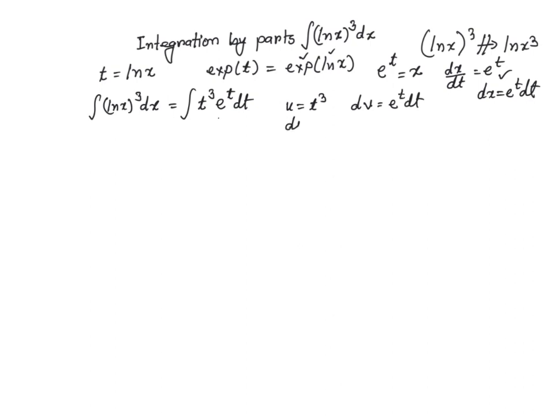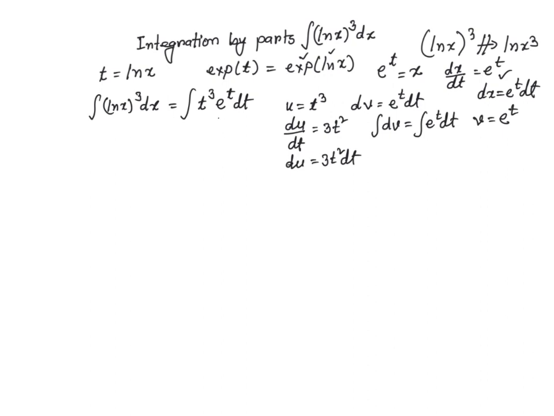So du over dt is equal to 3t square, or du is equal to 3t square dt, and the integral of dv is the integral of e to the power t dt, which tells me v is equal to e to the power t.